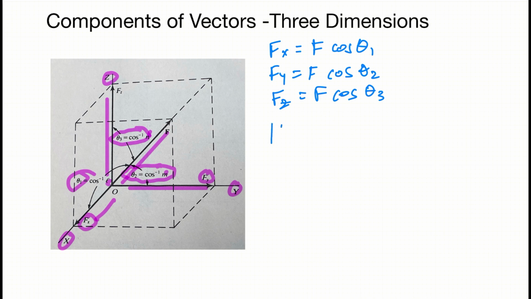Now, just like the two-dimensional case, the magnitude of f is just the square root of the sum of the squares of the individual components. So that hasn't changed. Now we want to look at those little l, m, and n. These are called the direction cosines.